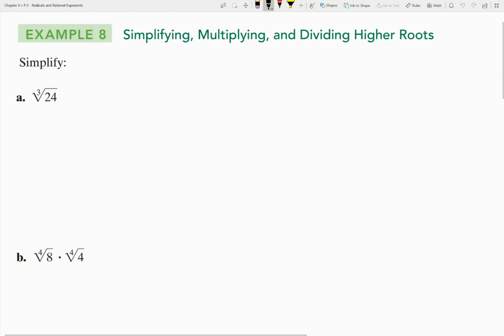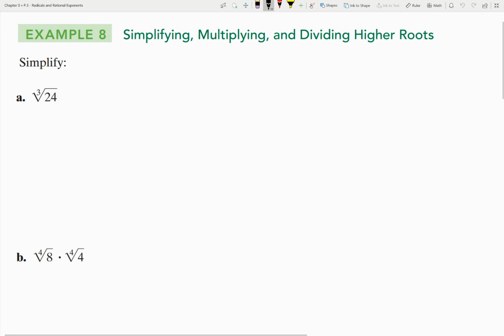So that means to simplify these higher level roots, we have to start to think about numbers that are perfect third powers, perfect fourth powers, perfect fifth powers, okay? And we have to see a way to simplify these things using those numbers. So for part A, I want to think about the biggest perfect cube that goes into 24.